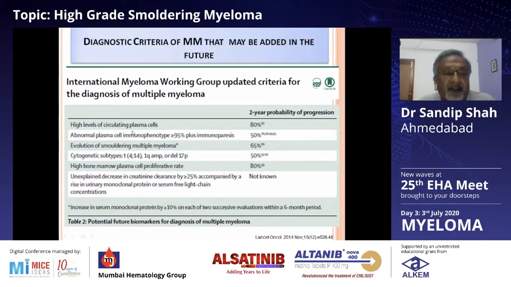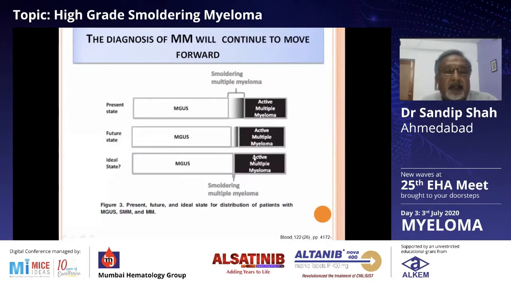So these are high levels of circulating plasma cells or abnormal plasma cell immunophenotype more than 95%, evolving smoldering multiple myeloma, cytogenetic subtypes, high bone marrow plasma cell proliferative rate. If these factors are present, then the chances of progression are more than 50%. So they all are high risk patients.